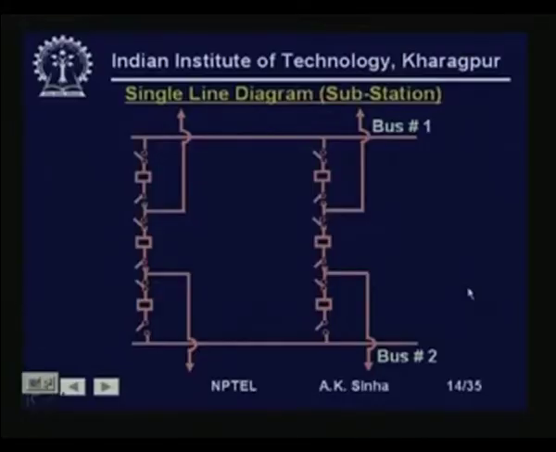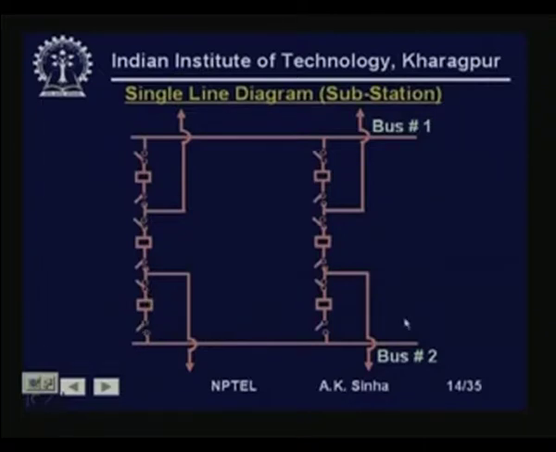Next we have a substation with two bus bars and four transmission lines. We have these transmission line 1, 2, 3 and 4 connected to these two bus bars by means of circuit breakers shown here and the isolator switches shown here.